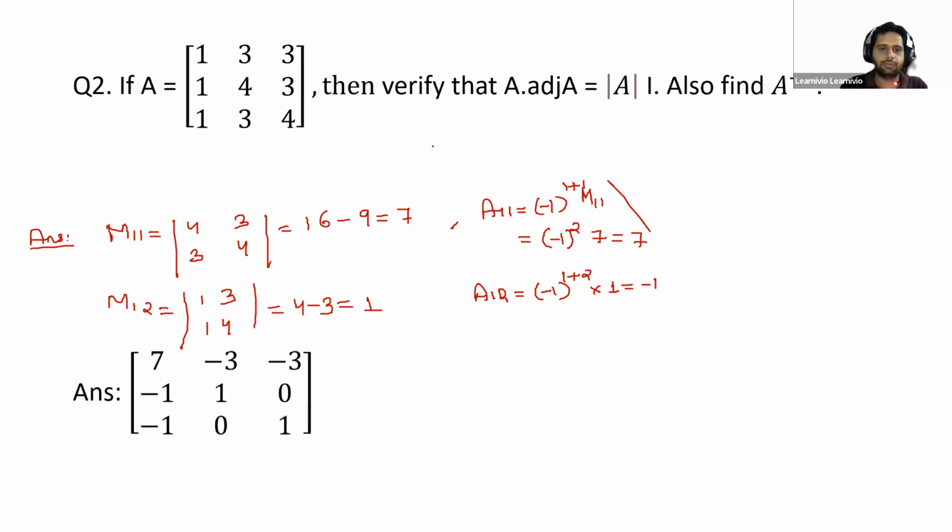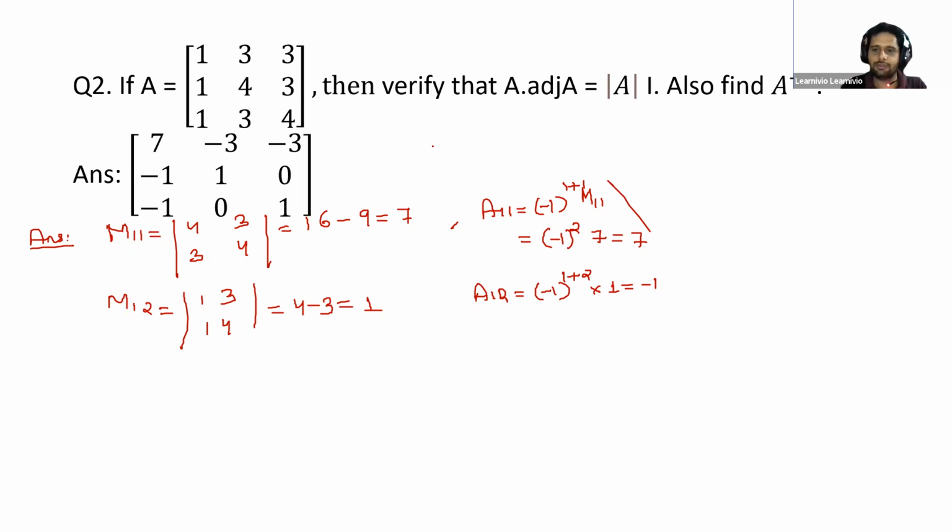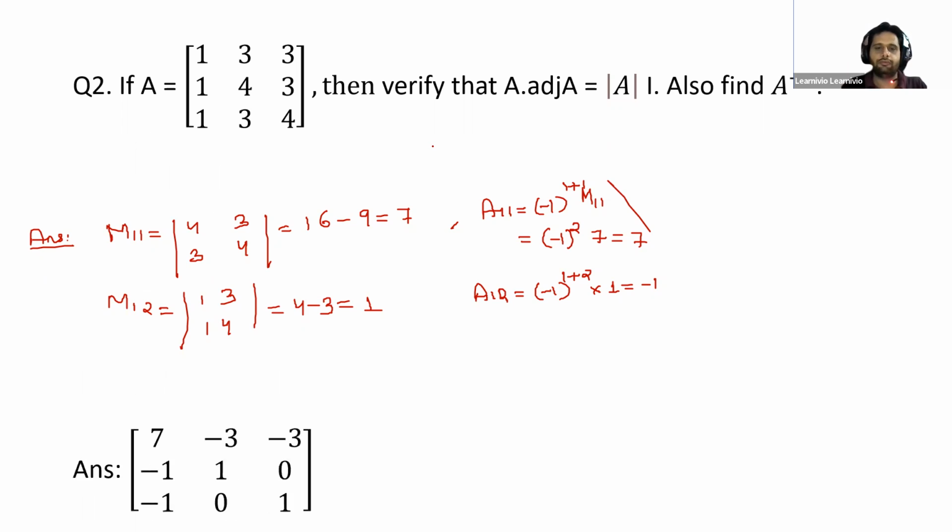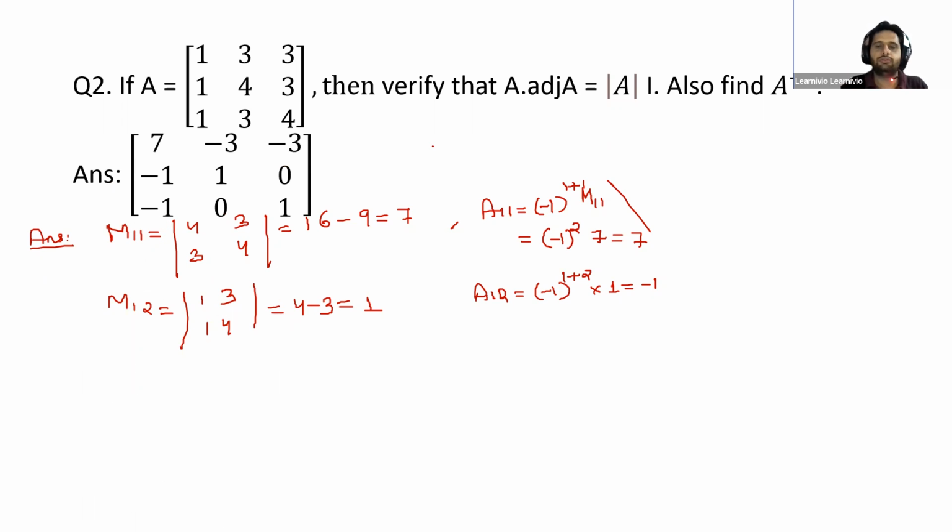Oh, okay, Shavya, let me check. 7, minus 3, minus 3. This is correct, Shavya. Please check the second line. Good. This is correct. What's the third one? Very good, Shavya. This is correct. So what you need to find now, please find the determinant. And then find LHS and RHS.